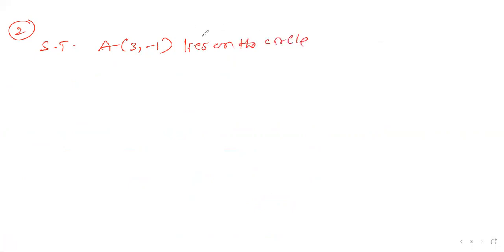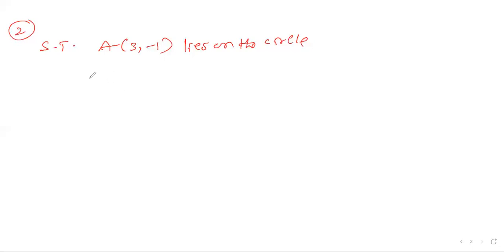Thank you. Now let us go to the second question here. The second question is: show that the point A (3, minus 1) lies on the circle. This point lies on the circle.